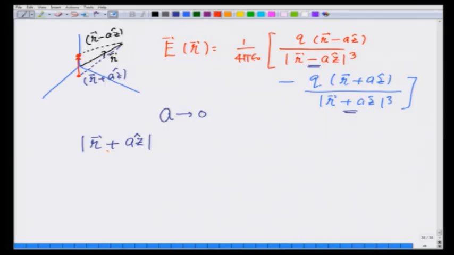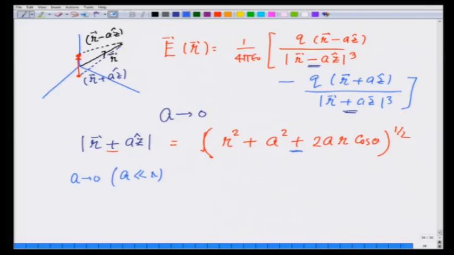I am going to include minus also right here, which is going to be square root of r square plus a square plus or minus 2 a r dot product of r unit vector with z unit vector, which is going to be cosine theta, raised to 1/2. Since I am going to take a going to 0, so a is much less than r. We are going to neglect a square term and keep only this term.